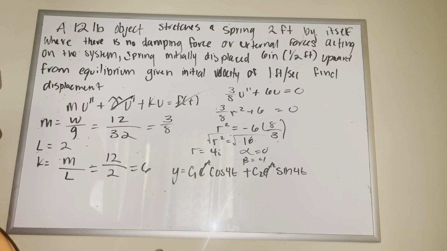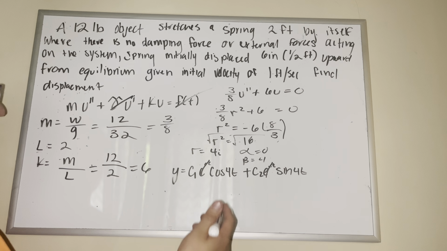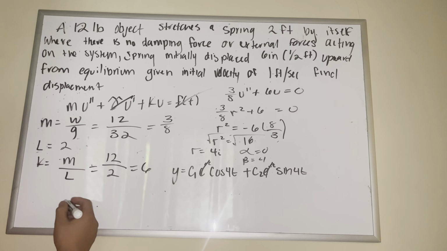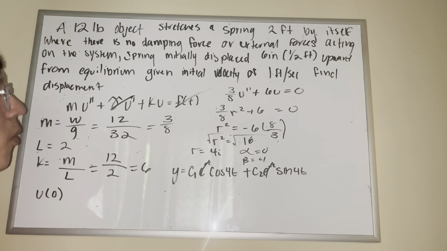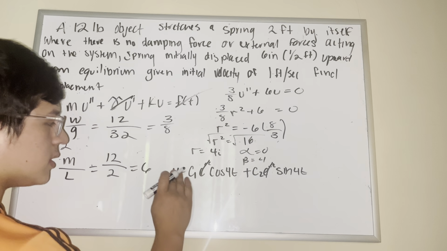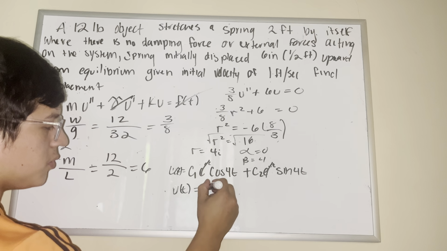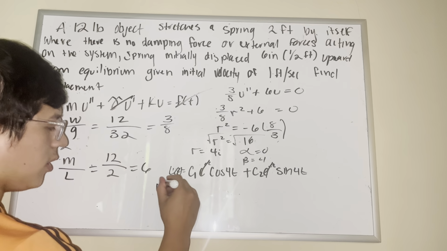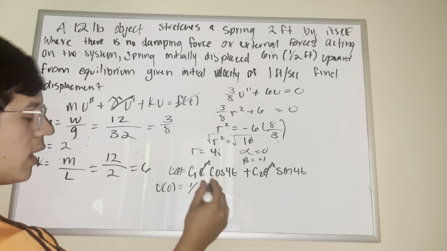Our initial displacement, so our u of 0 is equal to 1/2. Is it negative or positive? Upward is negative and downward is positive. So our u of 0 is equal to negative 1/2.